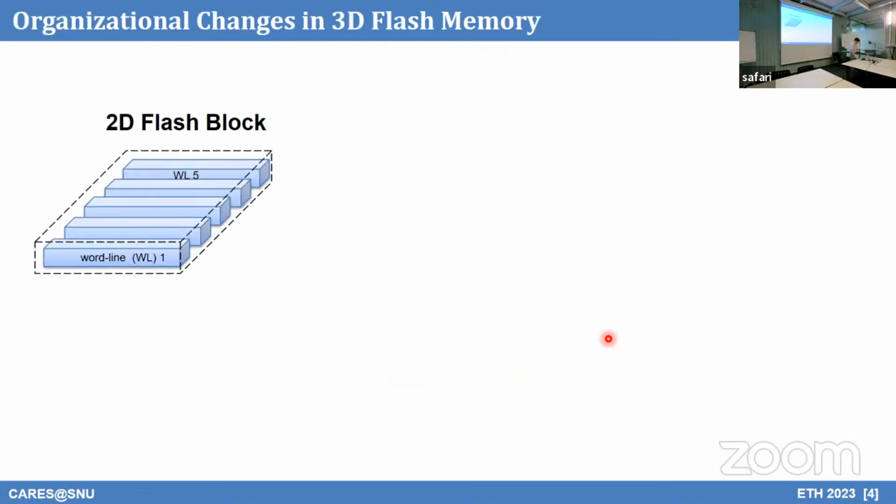So what we did was look at the key changes, and then we did some characterization study of flash memory, and we observed some key findings, and then we applied those findings to optimize SSD performance. Obviously, the organization has changed. 2D flash is more planar, and here each block consists of multiple word lines in the 2D plane.